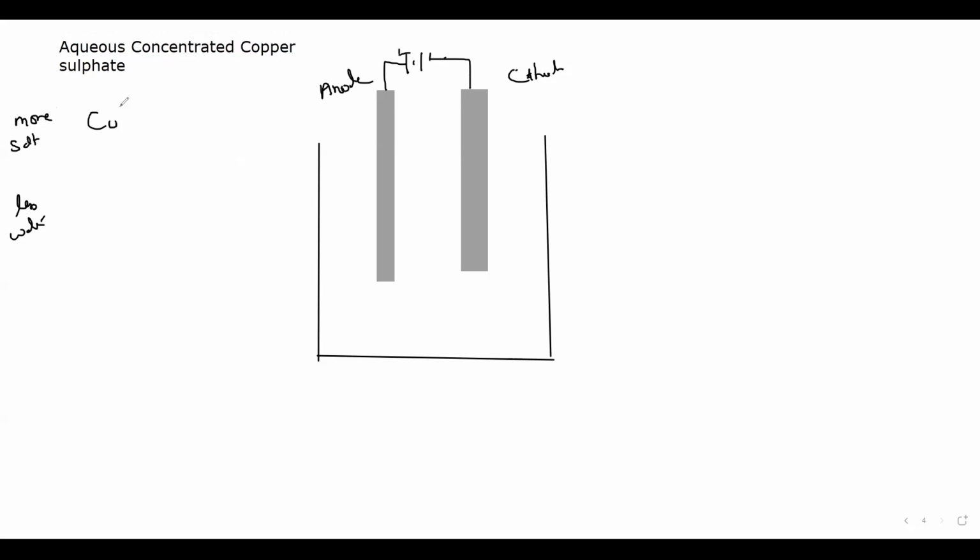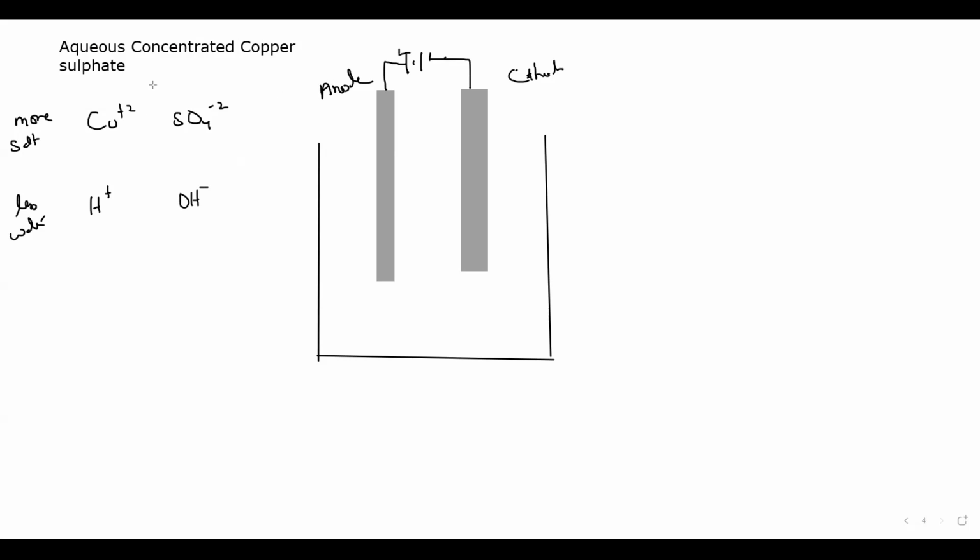So what are the ions present? Copper ion is there because of the copper sulfate, sulfate ion is there, and it contains hydrogen ion as well as hydroxide ion. So these are the ions present in the solution.